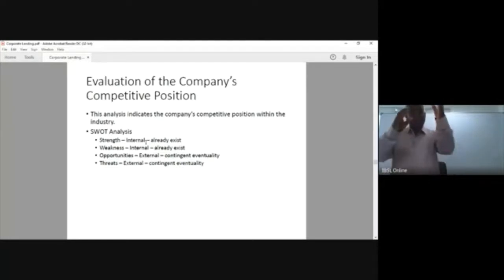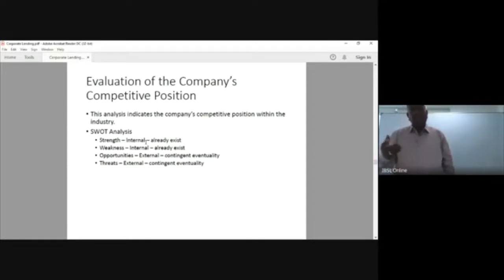Whether this company will have a better market share, thereby better profit, thereby they can pay their loan, or a very weak position, very weak market share. Because of that, they won't have any good profit. They won't be able to pay their loan. They may find it difficult to survive. So, evaluation of the company's competitive position within the industry. This analysis indicates the company's competitive position within the industry.